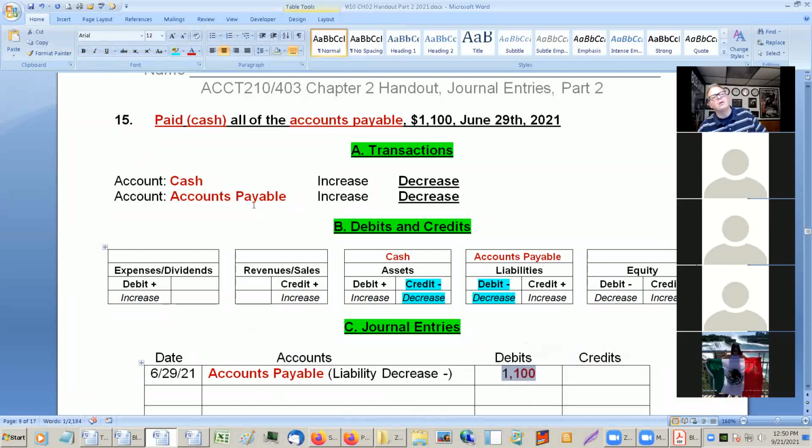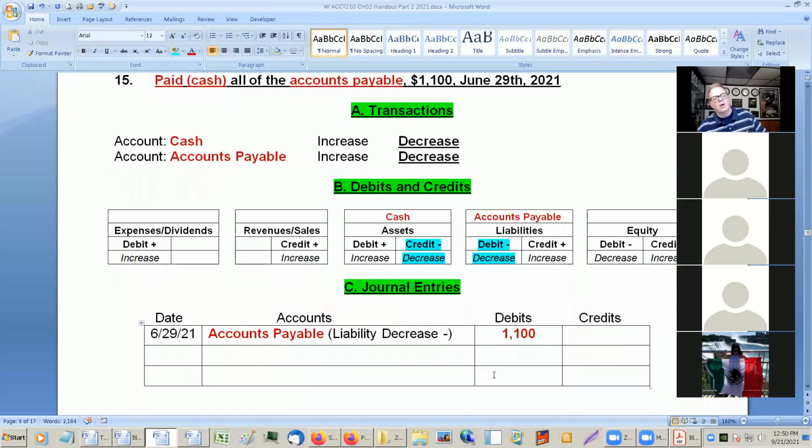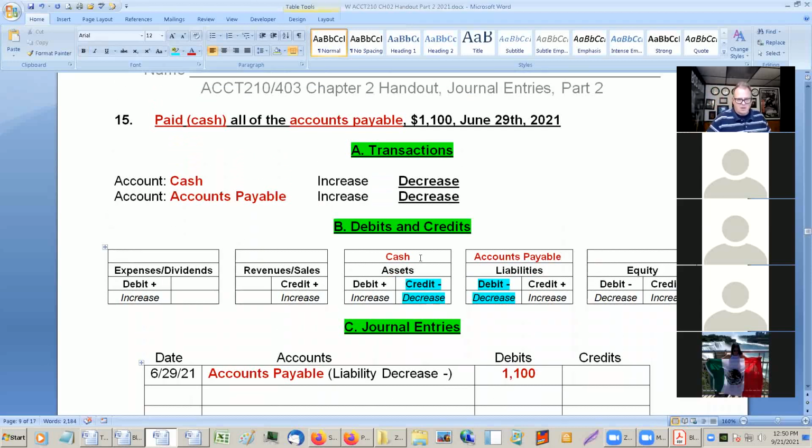And cash is going down with credit. It's an asset. It's also decreasing.